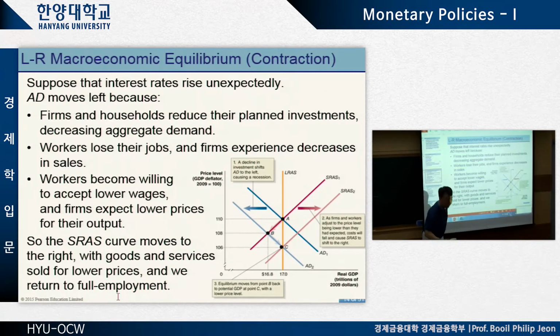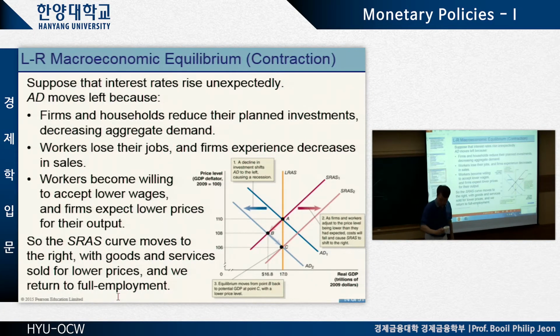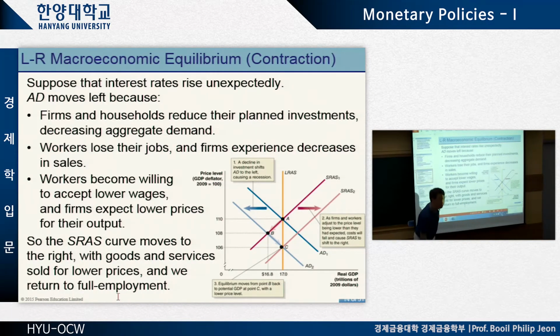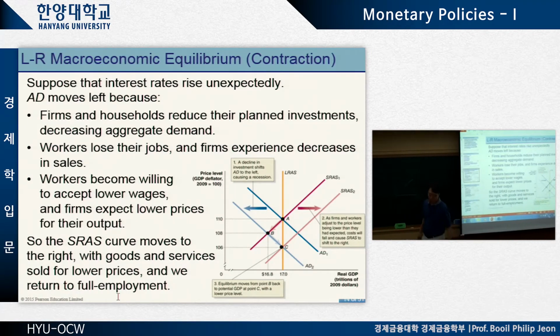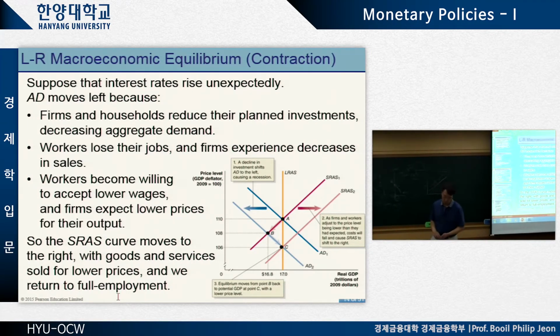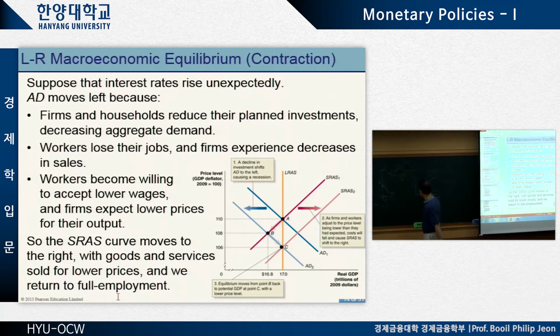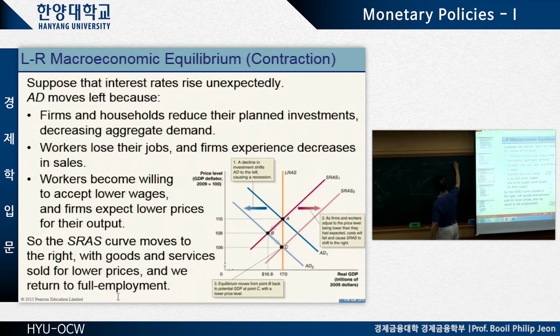How does that affect aggregate demand? Because aggregate demand is C plus I plus G plus net export.